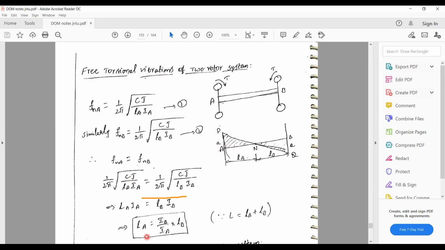Therefore, La equals Ib by Ia into Lb. The total length L equals La plus Lb. So we have written one relation between La and Lb.